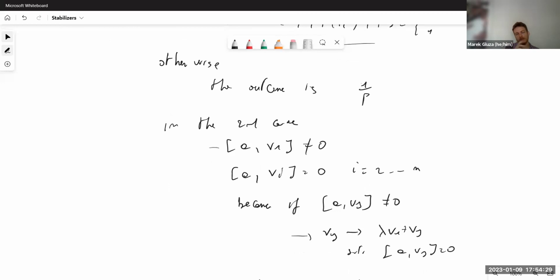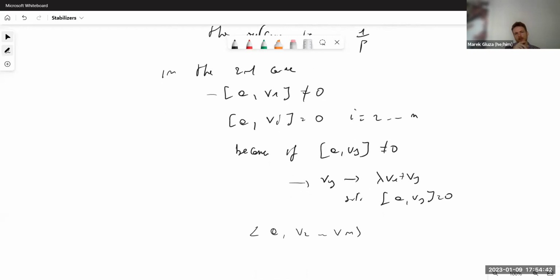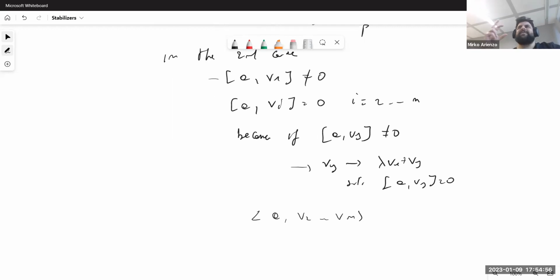And then I need to update my stabilizer state, right, after the measurement? Yeah, in this case. And can you say again how I will be updating it? So I'm doing this measurement of A's. It's just these last lines. So suppose that you don't commute only with V1. Sorry, it's just that you replace your vectors with the newer one.